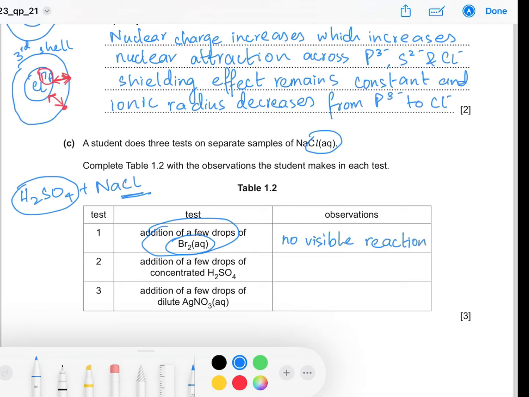Chloride ion is too strong for sulfuric acid to be able to completely displace it, which is why you don't see a visible reaction. However, if this reaction were to occur with sodium bromide or sodium iodide, sulfuric acid would be able to oxidize these halides to form different products.